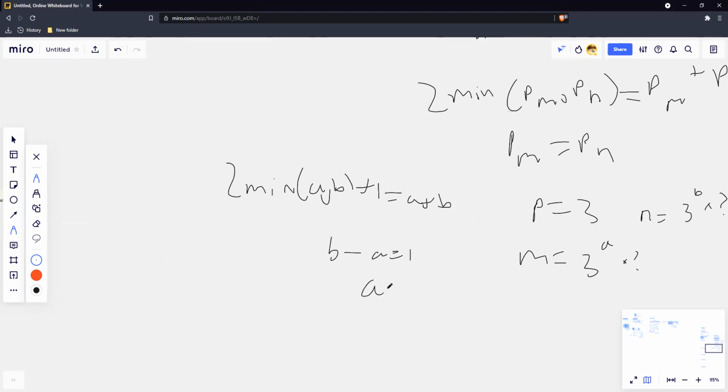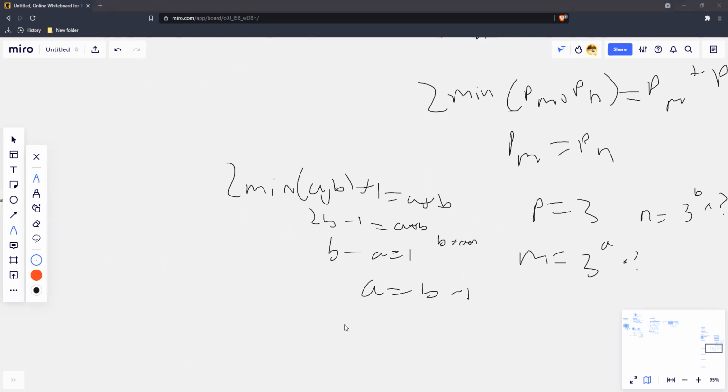Then when you try this out, A is equal to B minus 1, then the minimum is 2B minus 2 equals A plus B, and then B is equal to A. Another mistake. So basically A is equal to B minus 1, then 2B minus 1, I forgot to do plus. A plus B is equal to B, and B equals A plus 1, and that's basically this.